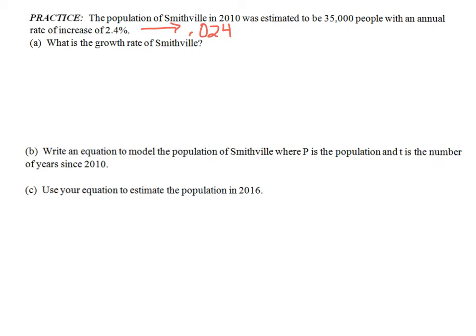So what is the growth rate of Smithville? Well, our growth rate is just going to be 1 plus our r value. So 1 plus 0.024. So that tells me that my growth rate is 1.024. Now, since this value is greater than 1, that tells me that I have exponential growth.